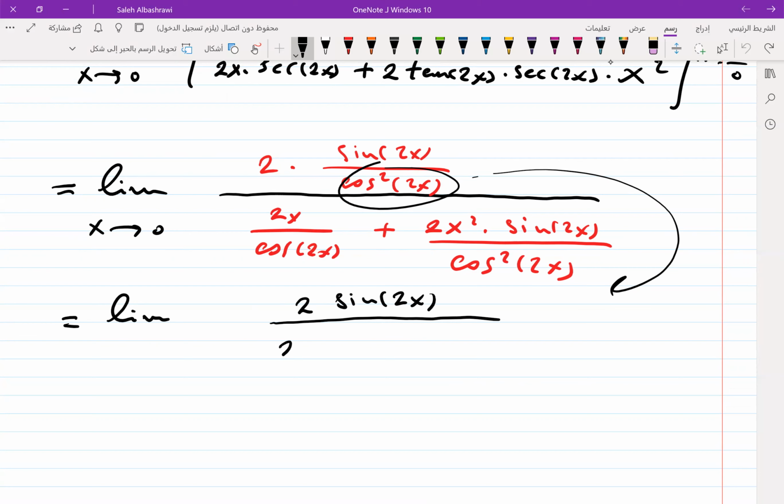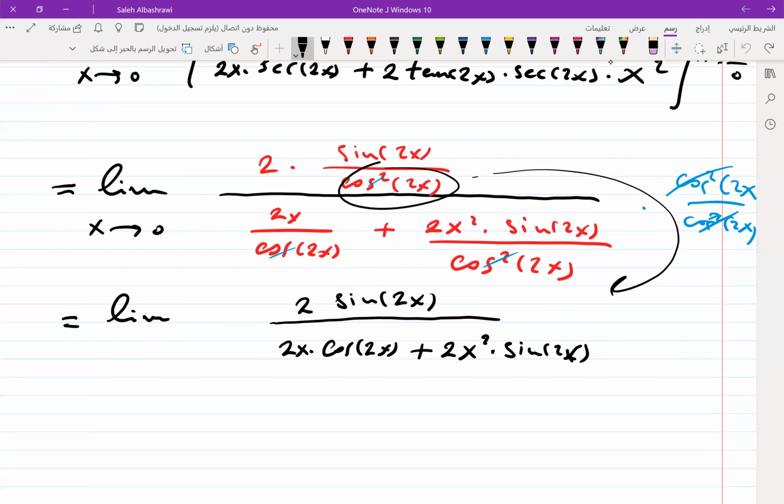In the denominator I will have 2x multiplied by cosine 2x, since multiplying by cosine squared cancels this one, and this power cancels with the one below. I will have only cosine 2x, and this will cancel the 1 in the numerator. Plus 2x squared multiplied by sine 2x.